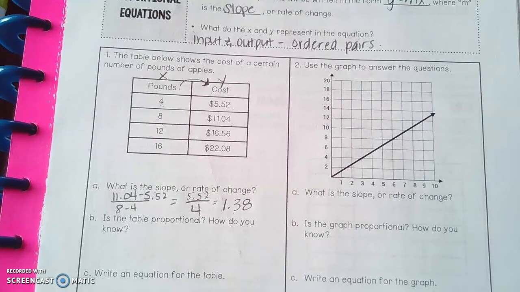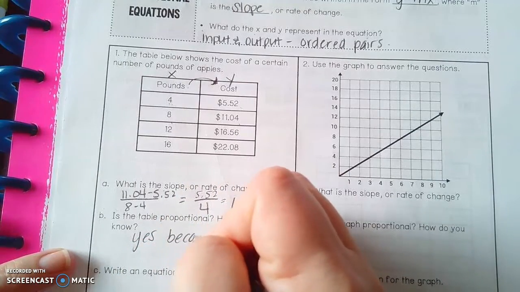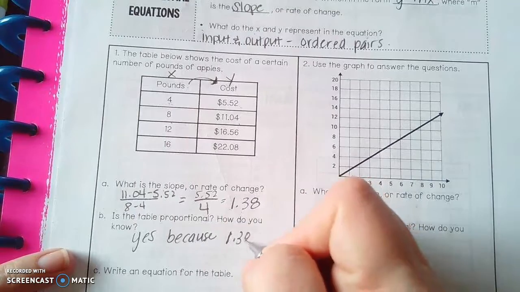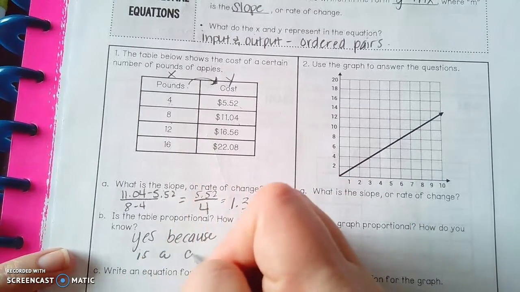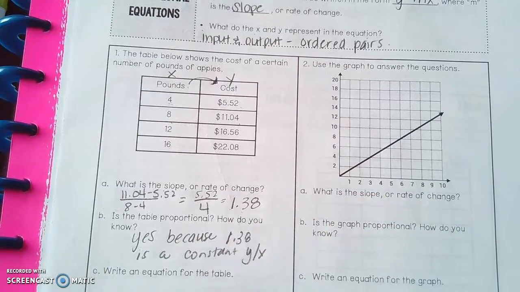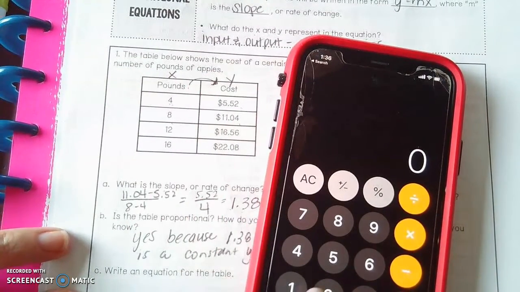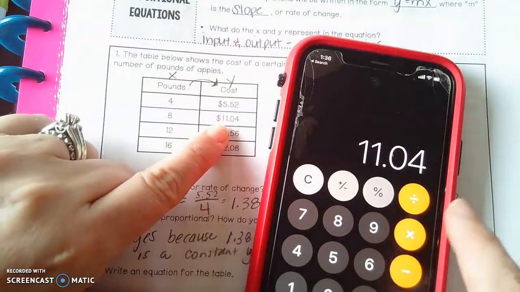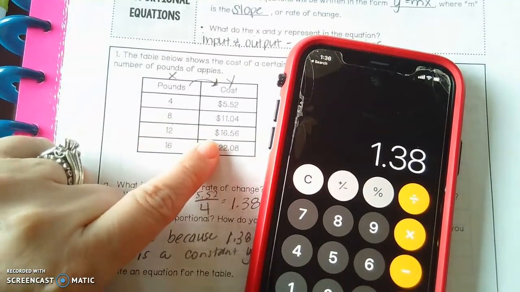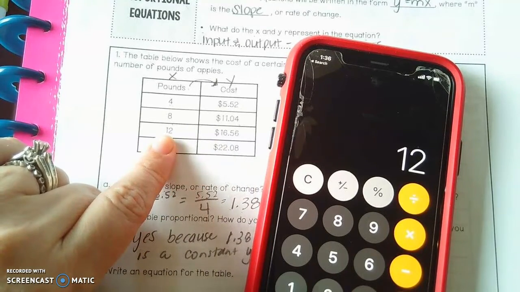So is this table proportional? How do we know? Yes, because 1.38 is a constant value of y divided by x. So what I mean by that is if I took my calculator and I typed in 11.04 as my y value and divided it by my x value, it's going to equal the 1.38. It would be the same for each and every single one of these y to x values.